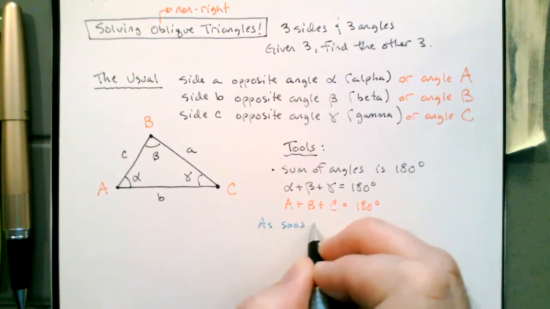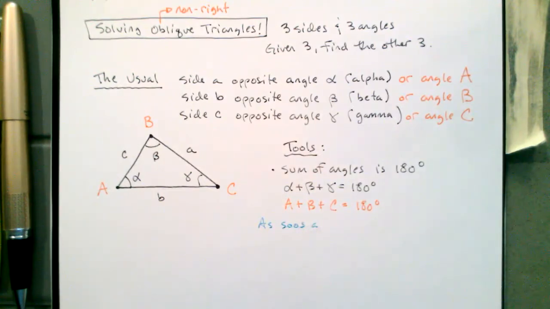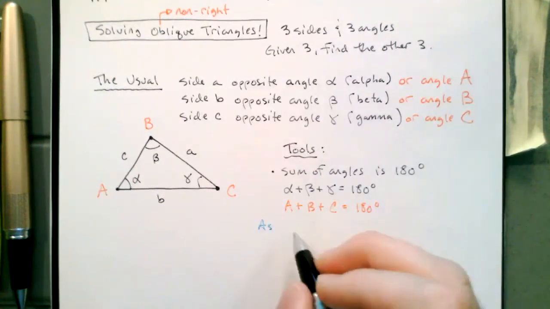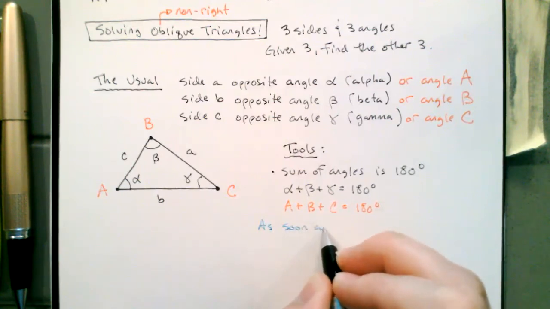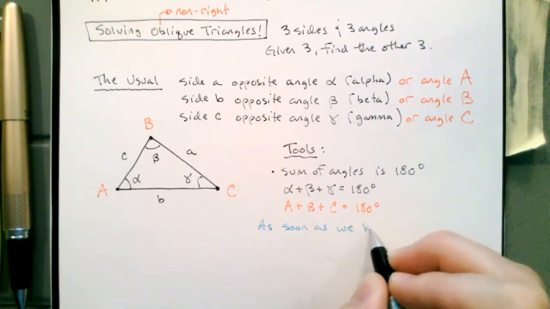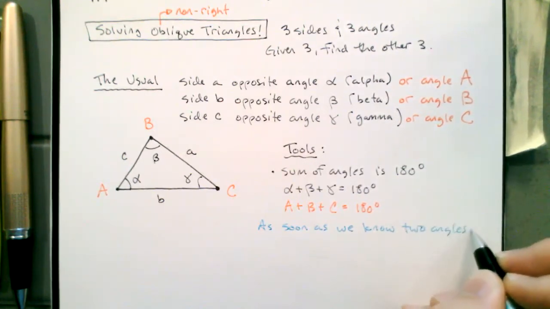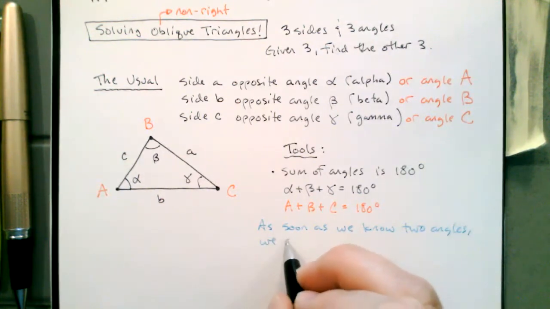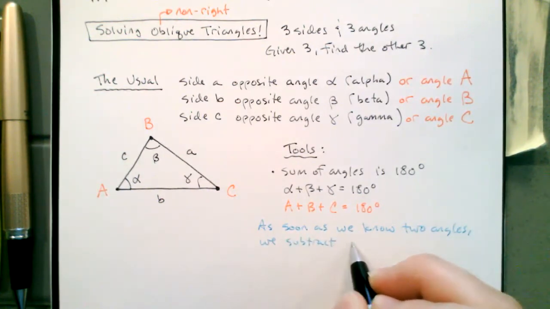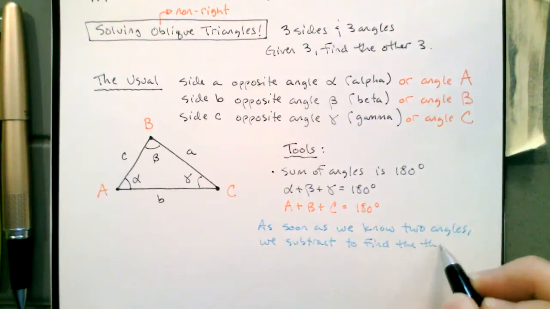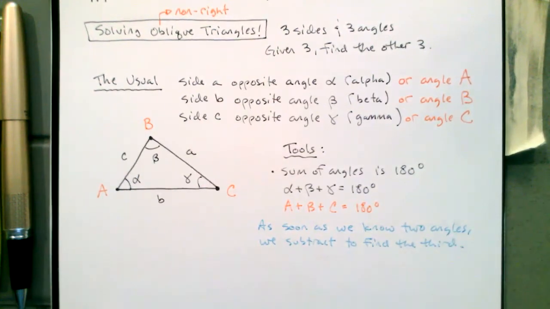As soon as we know two angles, we should subtract to find the third. Go after the easy stuff first before you go after the difficult stuff.